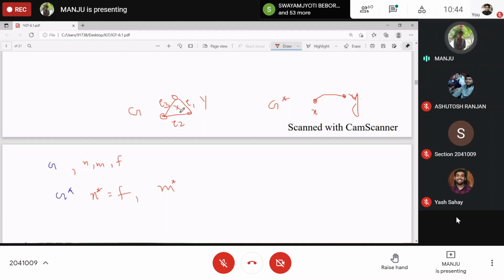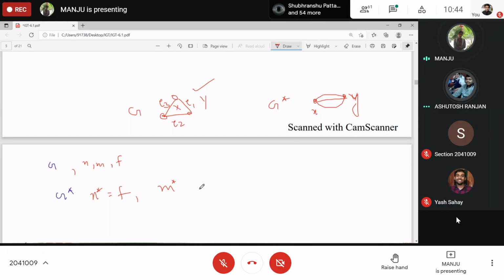Corresponding to E2, here X, here Y. Corresponding to E3, one more edge, because inside it is X and outside it is Y. How many faces or regions here? Three. Here it was 2, here it is 3. The number of edges is the same, you can see.